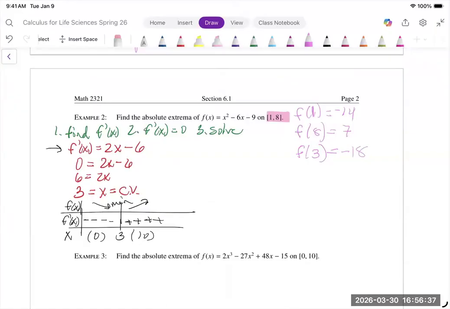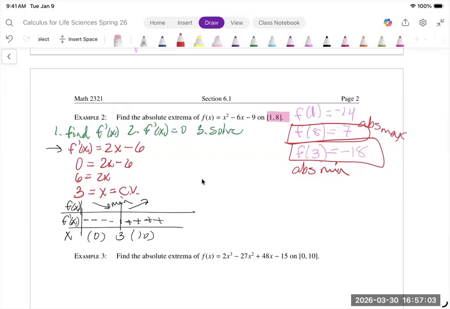So we now have an absolute min of negative 18 at x equaling 3, and an absolute max of 7 at x equaling 8. Ta-da! How was that? Not too crazy, hopefully? No?